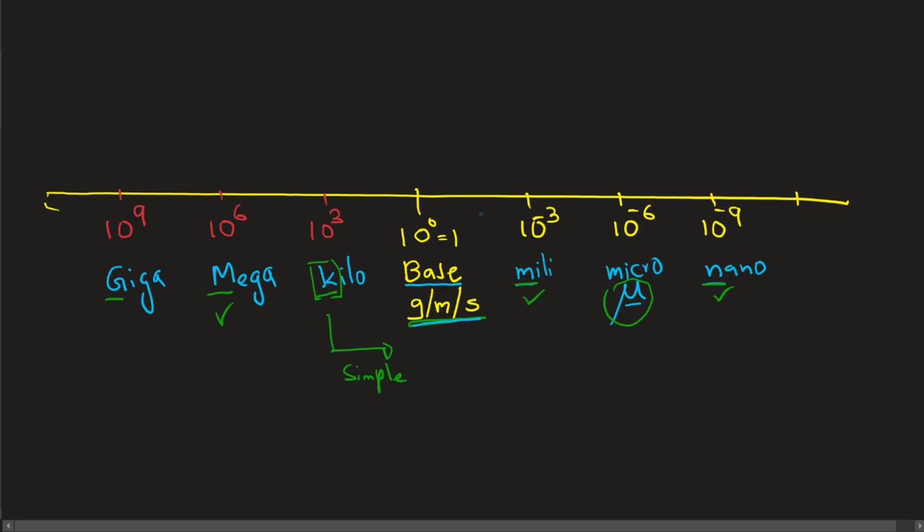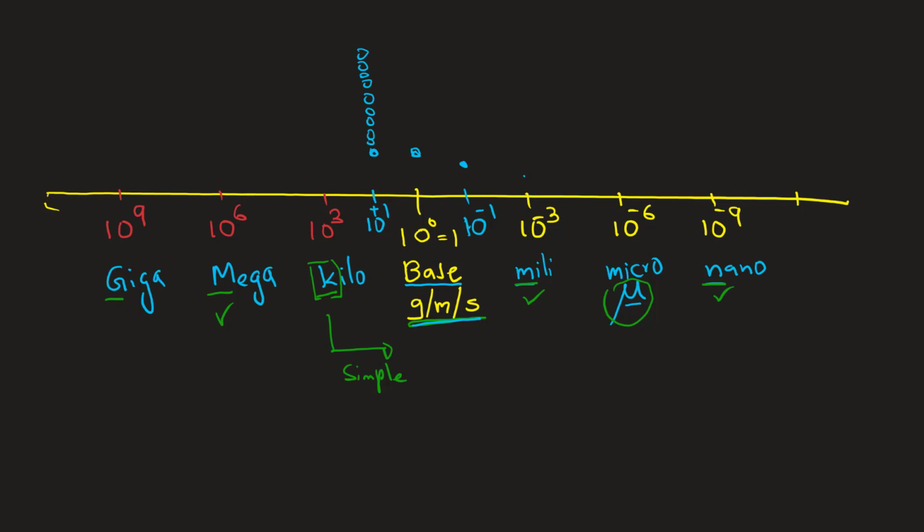Now it doesn't only go by 3 by 3; 10 to the minus 1 and 10 to the plus 1 exist as well, right? Let's say the base unit is a dot. That's 1, and then 10 to the power 1, which is 10, has 10 dots, right? Then 10 to the minus 1 is 1/10 of the base unit. So try to see what actual size we are talking about when measuring any quantity.